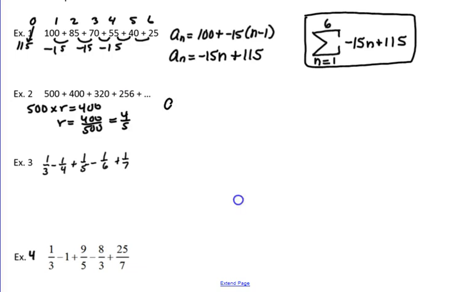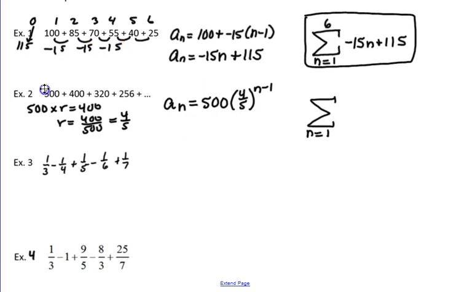So to write a rule for a geometric sequence, you take the first term, 500, and then you're going to be multiplying by 4/5 n minus 1 times, so you raise it to the n minus 1 power to get to term number n. So to write this in summation notation, we're going to start with n equals 1.